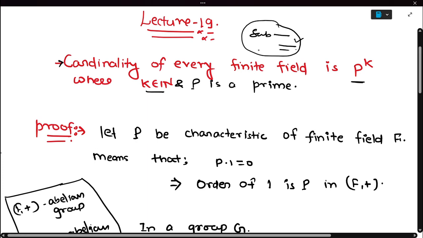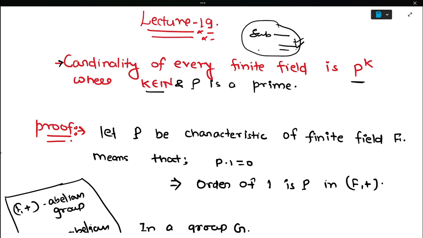So we will first prove this statement, then we will learn how to find the number of subspaces and the number of linearly independent sets. First, in this lecture we will prove that every finite field has cardinality p to the power k, meaning prime to the power k, where k belongs to the natural numbers.